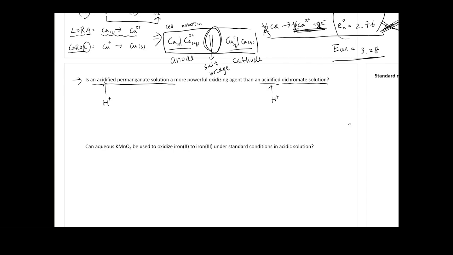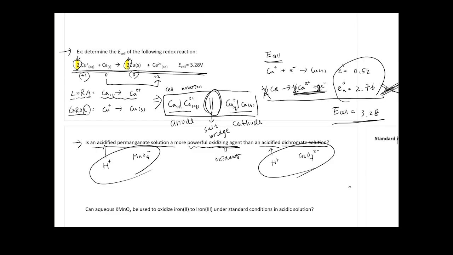Permanganate is MnO4 minus. Dichromate is Cr2O7 2 minus. So you need to find the standard reduction potential equations that contain these two. Whichever has the larger standard reduction potential will be the more powerful oxidizing agent.